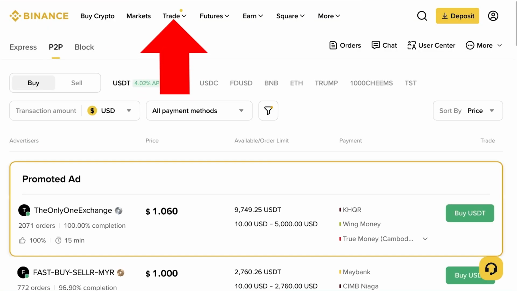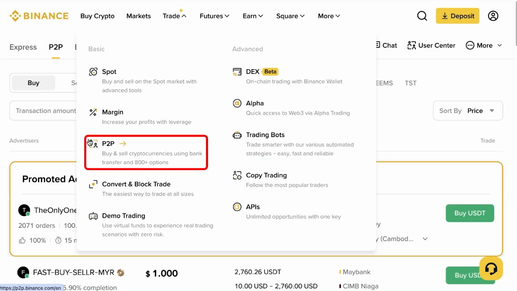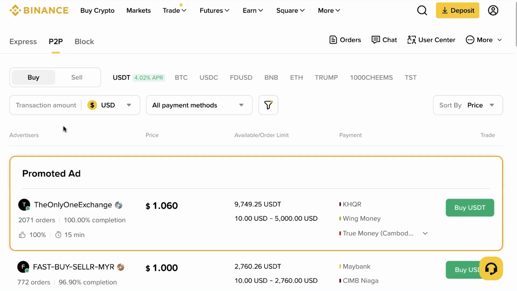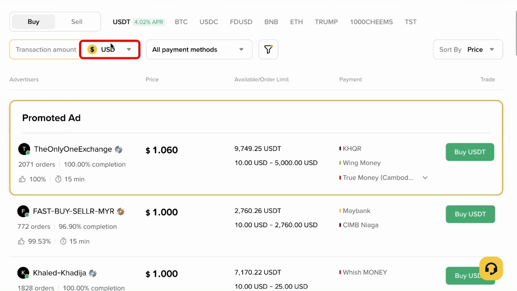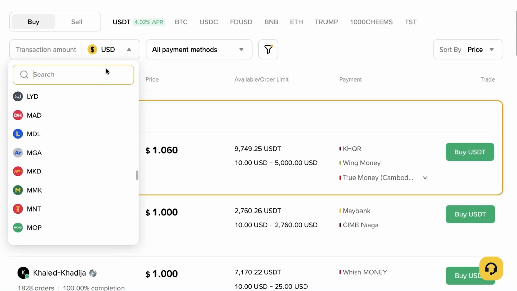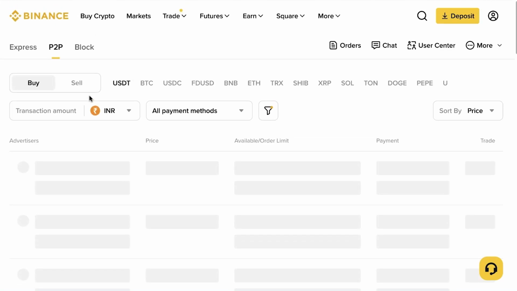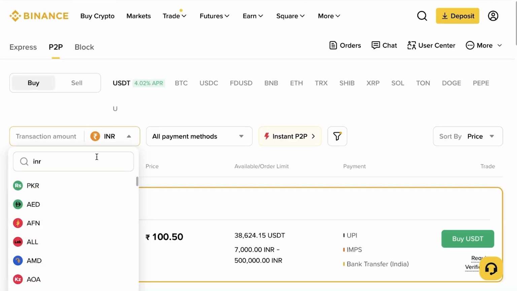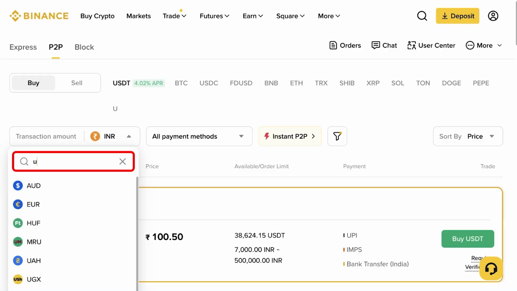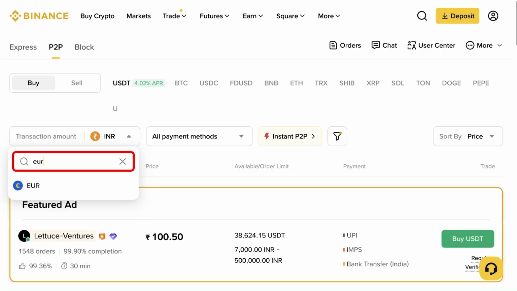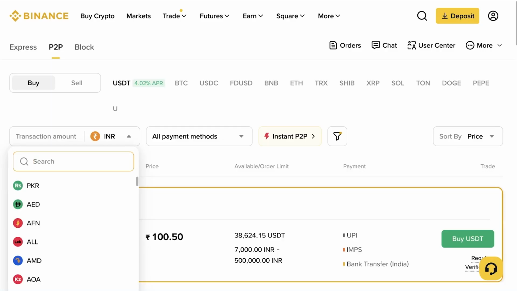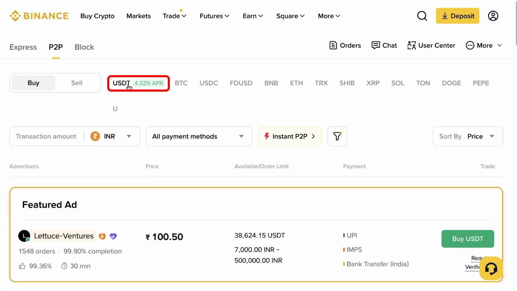Now when you come to the peer-to-peer, you will find many more fiat currencies, also known as government currencies. Just to give you some examples, if we search for Indian rupee, you will find it here. Then there is Filipino peso, US dollar, euro, British pound, so many different ones. And here the trading pair will typically be USDT.